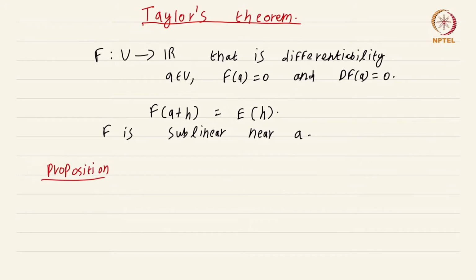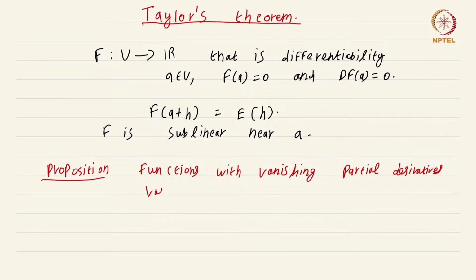So I'm going to title this proposition with a fancy title: functions with vanishing partial derivatives vanish fast. So this is a colloquial way of saying what is to follow, a more precise mathematical statement.